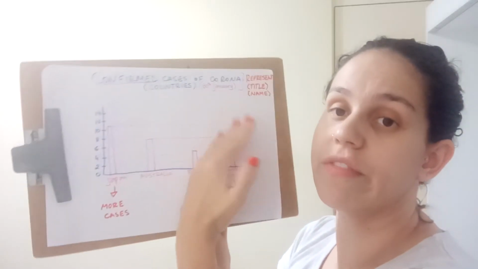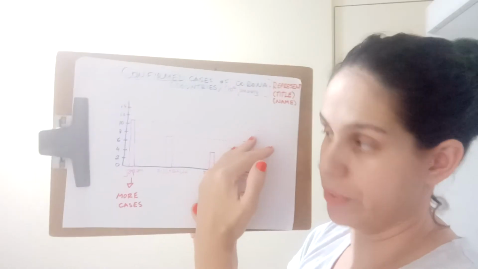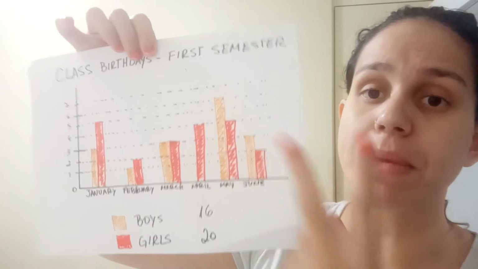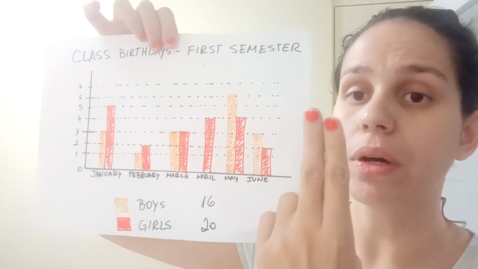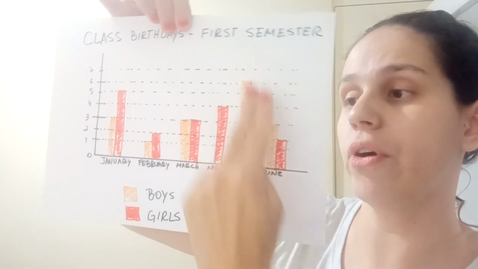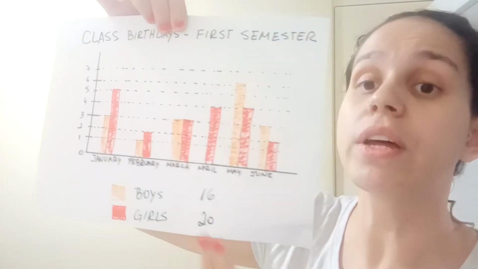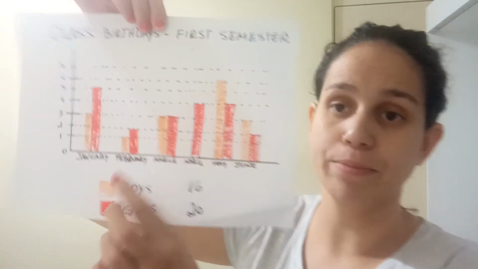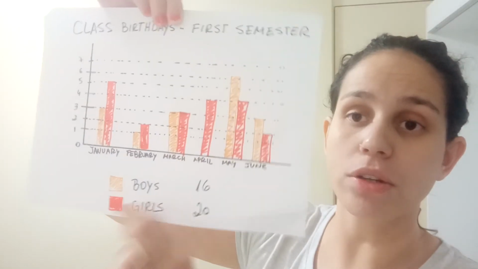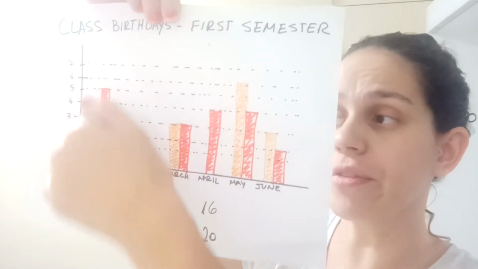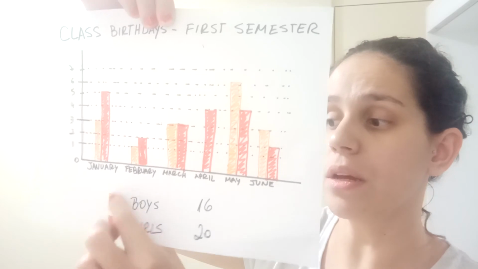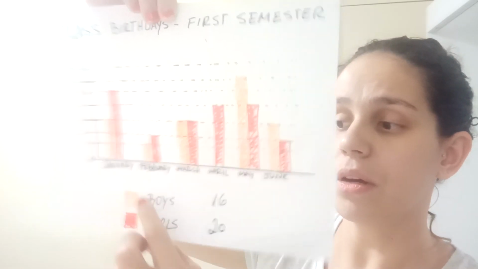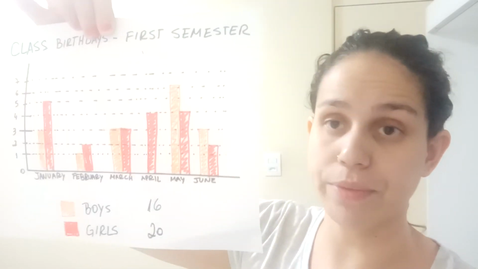It's not divided if it's boy or girl. It's only people. Okay? In this case, because we have two datas for each month, then we need to decide colors. So we make colors for the graph, and then we color for boys and girls.